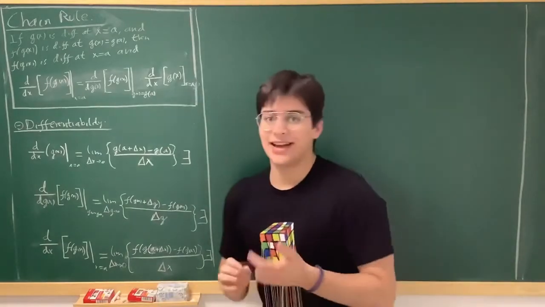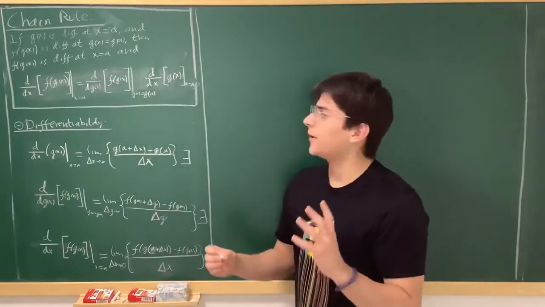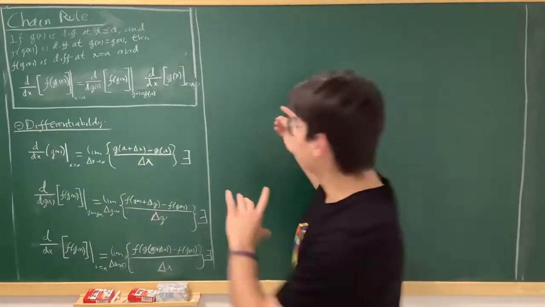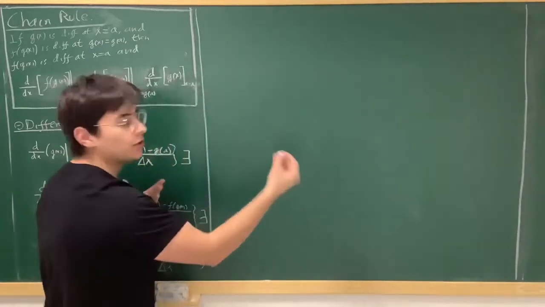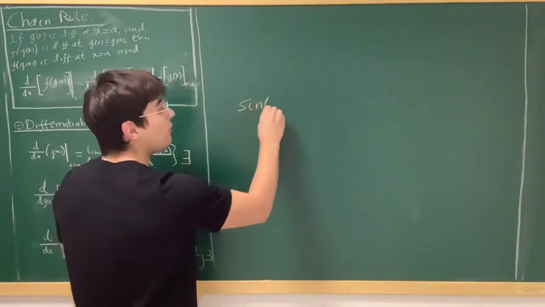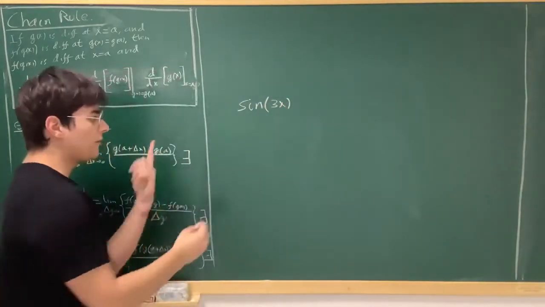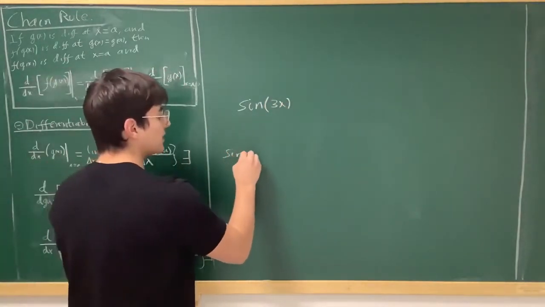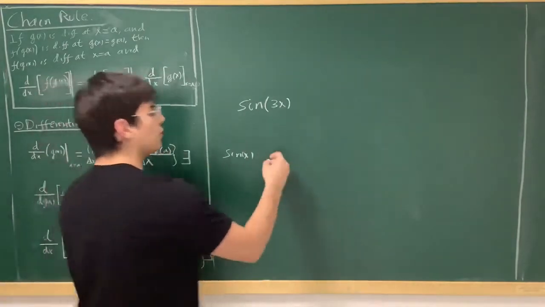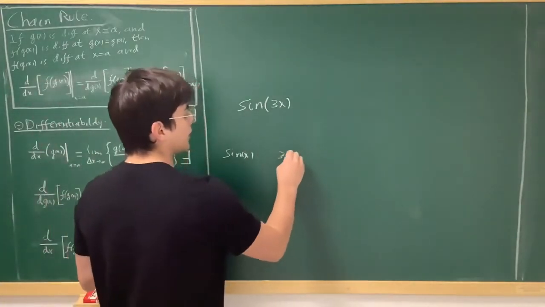Let's just state the problem. Let's say that we have a function, sine of another function, 3x. So we have one function which is sine of x, but this is composed with another function which is 3x.